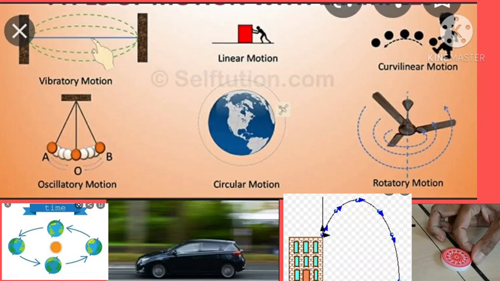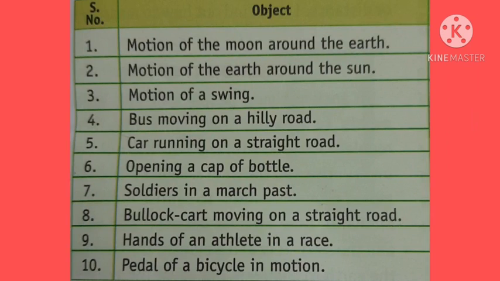So student, like that we have seen some different types of motion: linear motion or translatory motion, circular motion, rectilinear motion, curvilinear motion, oscillatory motion, periodic motion, etc. In our introduction there are some examples of these different motions.